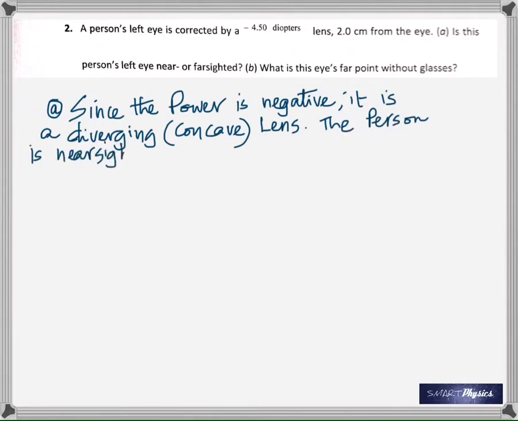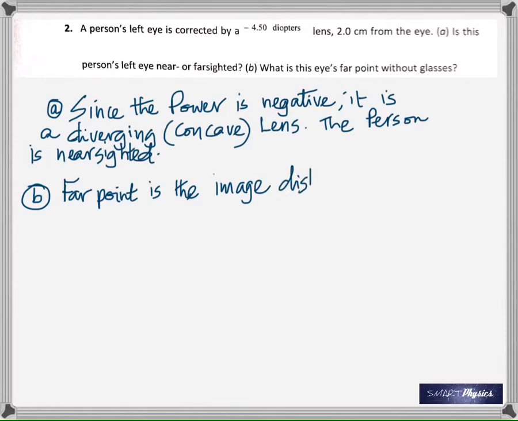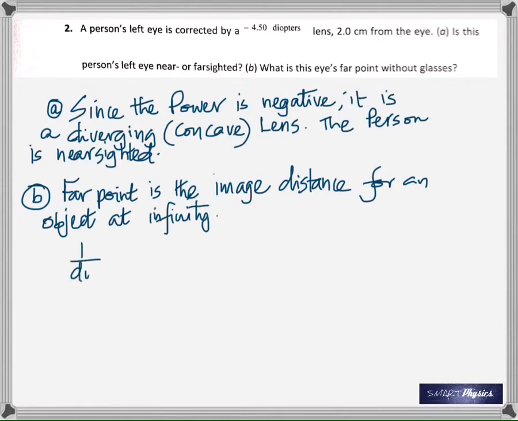The B part, the far point is the image distance when the object is at infinity.